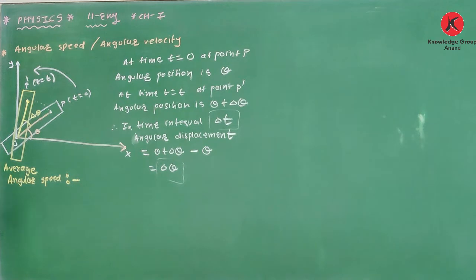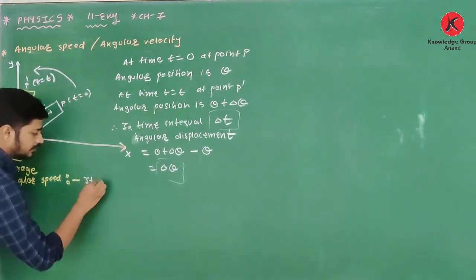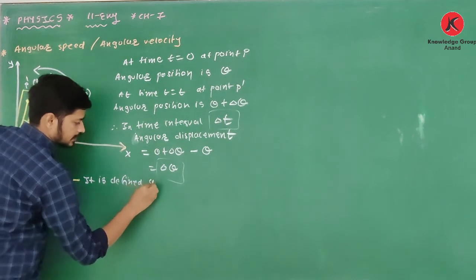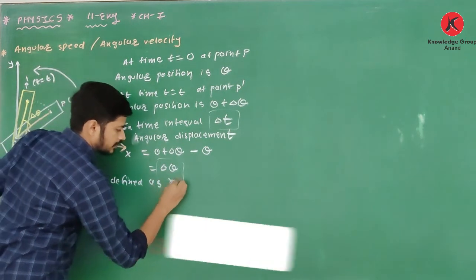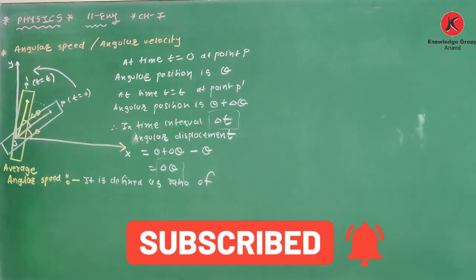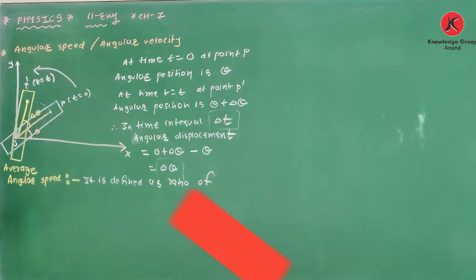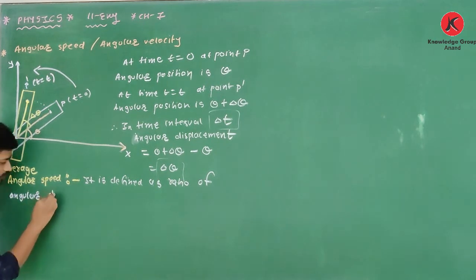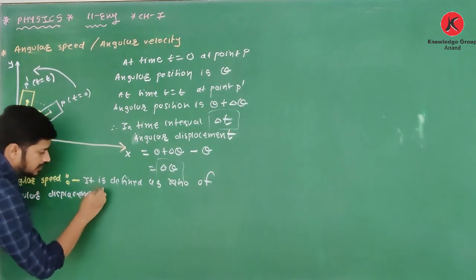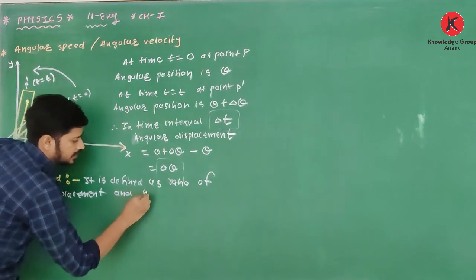Average angular speed is defined as the ratio of angular displacement and time.